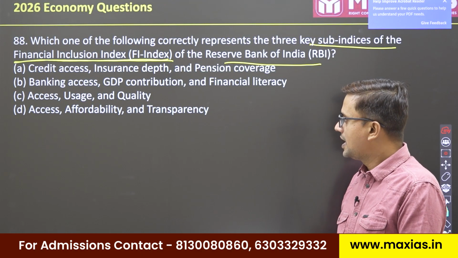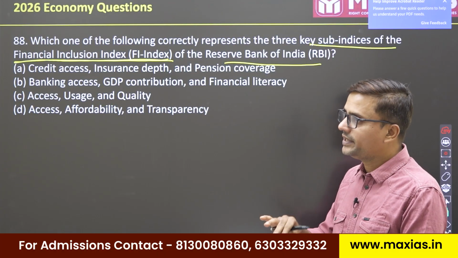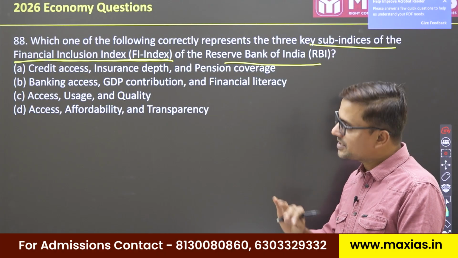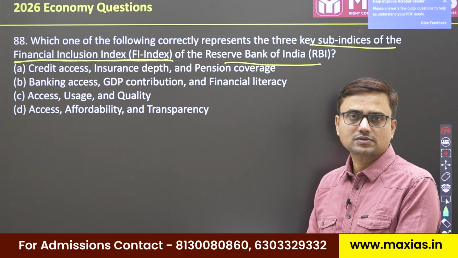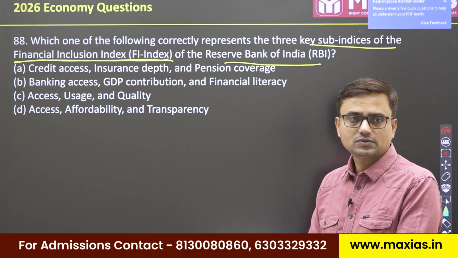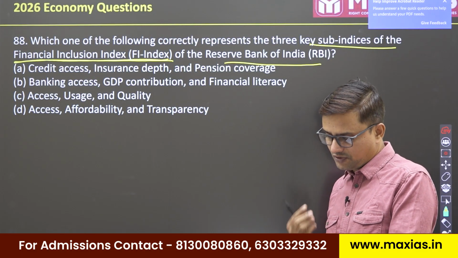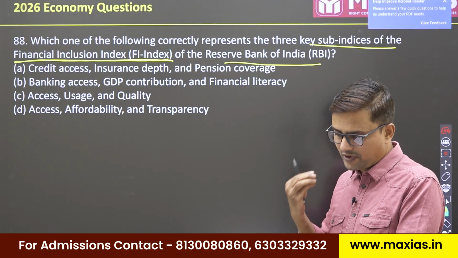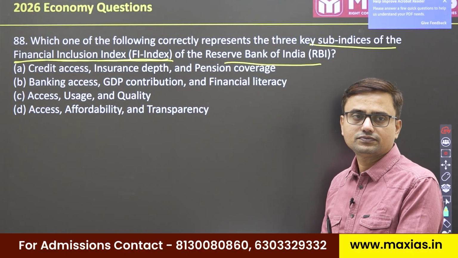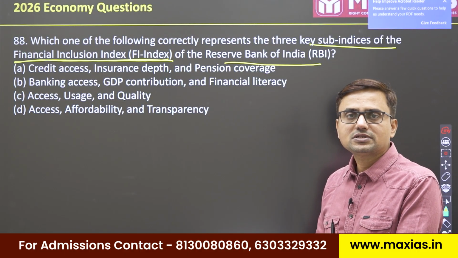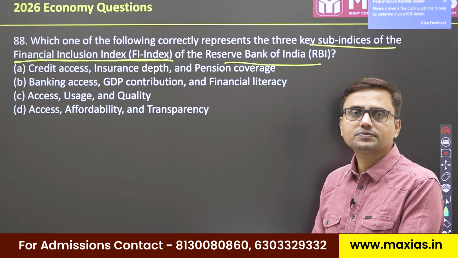Fourth option is access to financial services, affordability of financial services, transparency in financial services. Come on, think which is appearing very near for you. Option C. Now you people are telling option C.